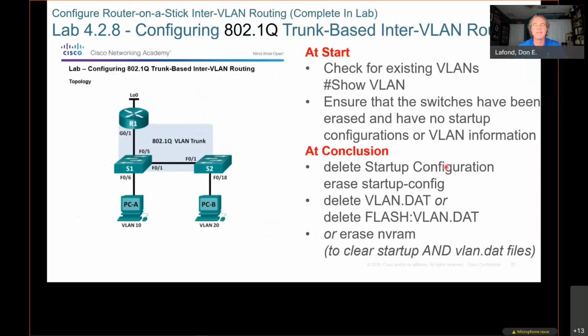And if you have VLAN information, then you erase your VLAN by either deleting the vlan.dat, or you can clear the startup and the vlan.dat file by just erasing NVRAM. Only do that on NetLab if it tells you to do that on NetLab.